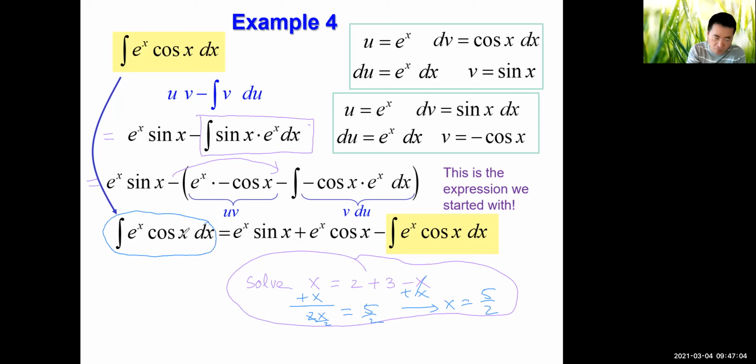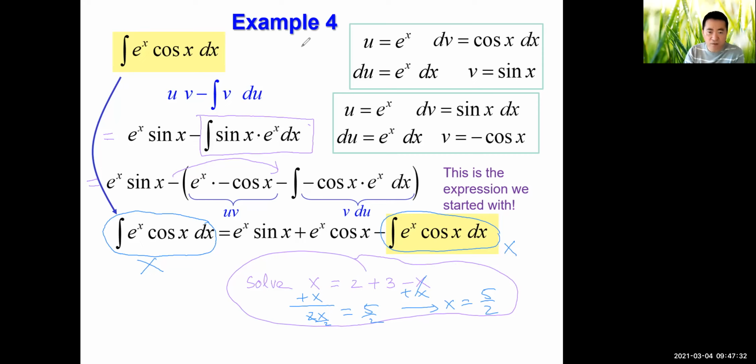Let's say this integral, we call it capital X, the unknown. So if you have x equals something minus x, like what we did, how do you solve for x?